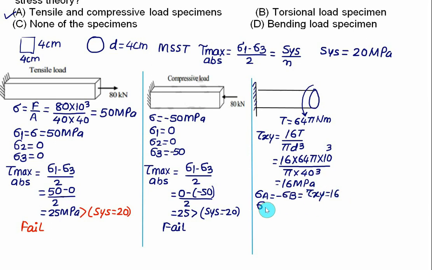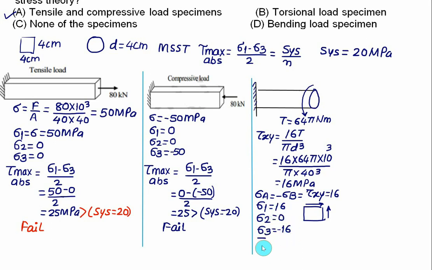So we assign the value of sigma 1 equal to 16, sigma 2 equal to 0, and sigma 3 equal to minus 16. Because we have pure shear here, and whenever we have pure shear, the Mohr circle will be centered at origin, and we have sigma 1, sigma 2, sigma 3 values equal to 16, 0 and minus 16.